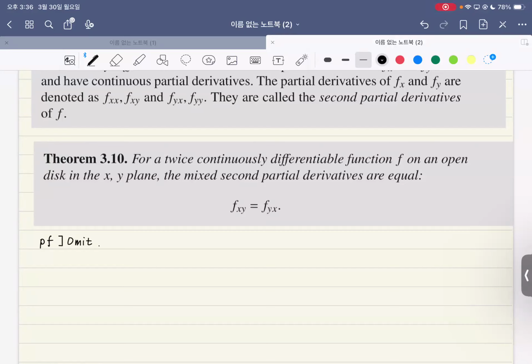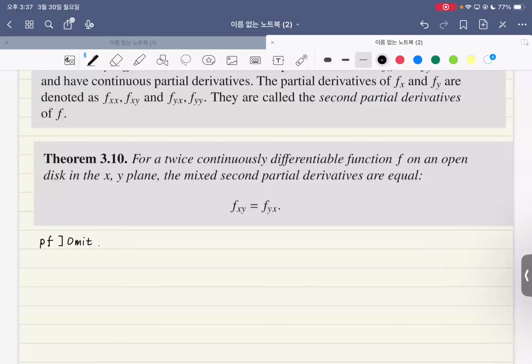If you're interested, you may go back to this section. Actually, Theorem 3.9 is about the mean value theorem for multivariable functions, and if you read its proof, it is not a big deal. So for now, let me skip this.